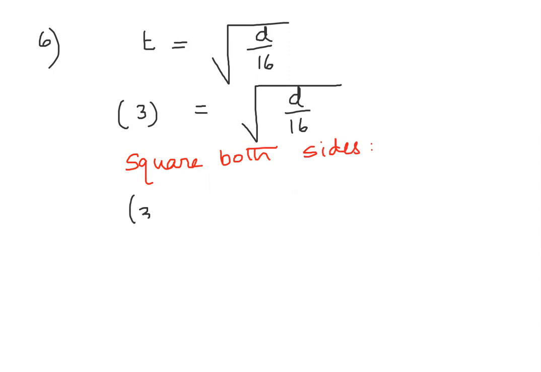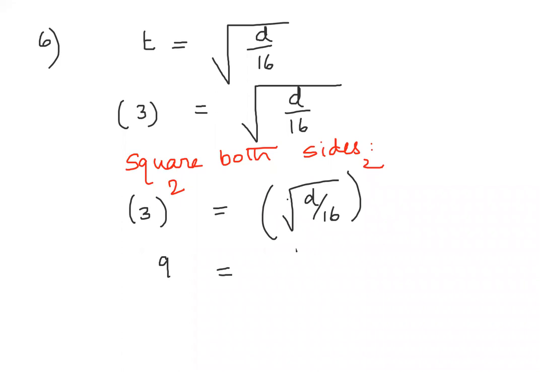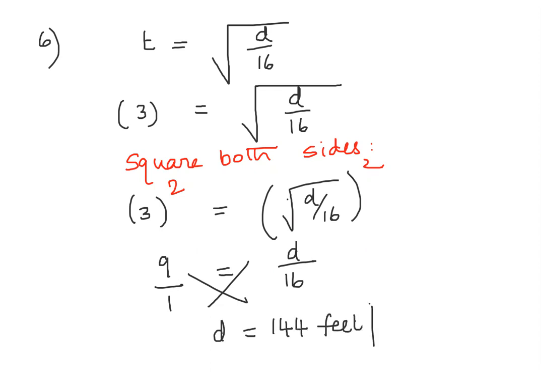So when you square, we get 9 equals D over 16. So we can do cross multiplication. So D equals 16 times 9, which is 144 feet. So the distance is 144 feet.